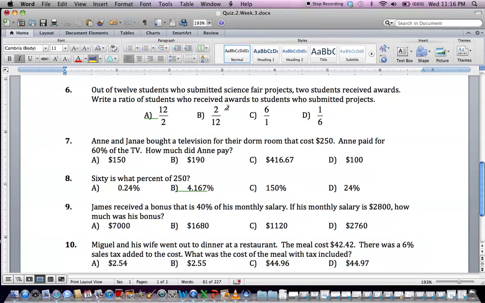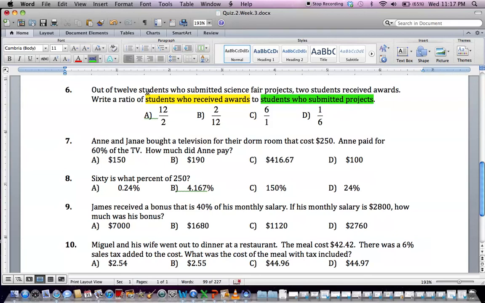Make sure that you reduce it. We're going to write a ratio of students who received awards to students who submitted projects.